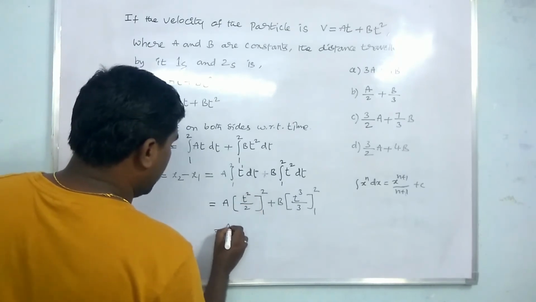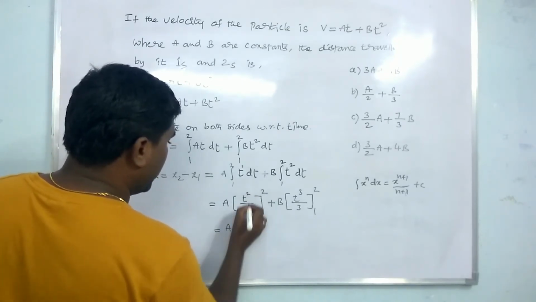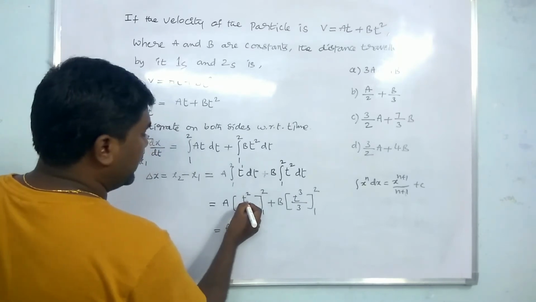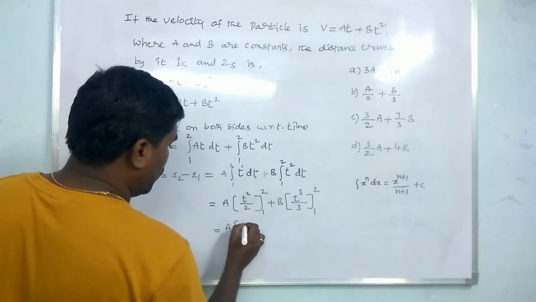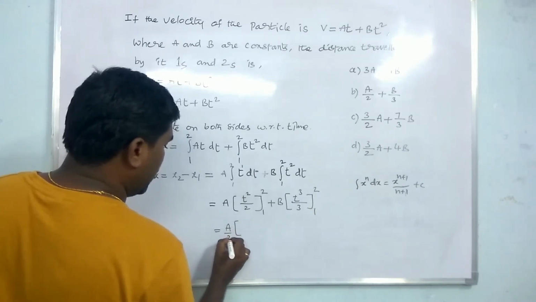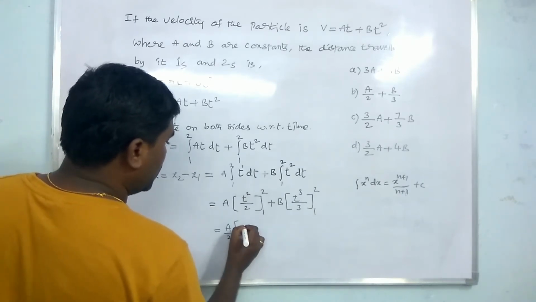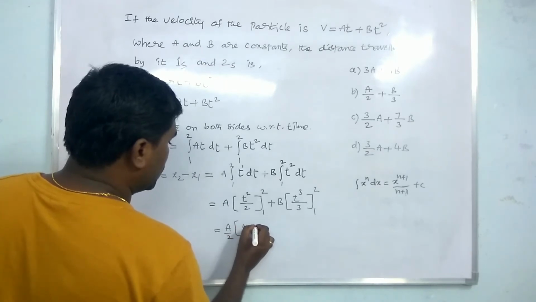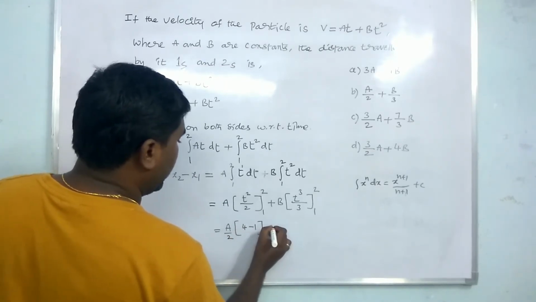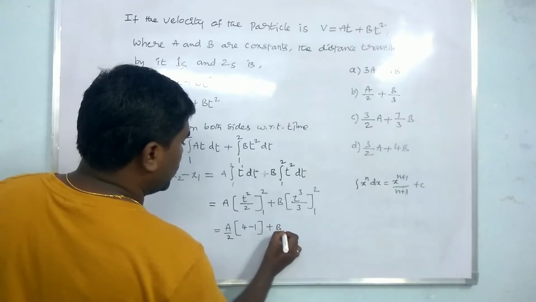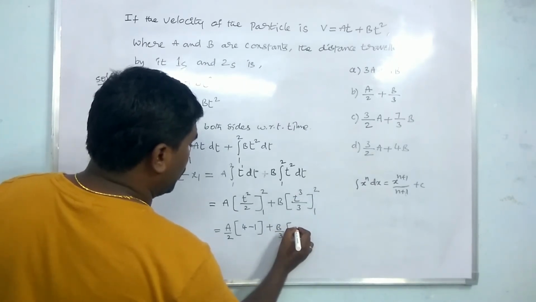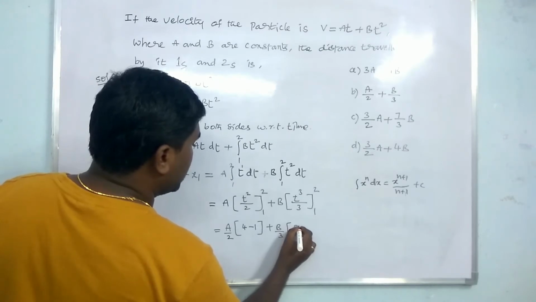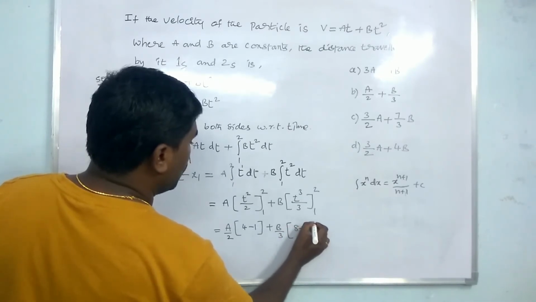So a by 2 is common, and replacing t, 2 square is 4, minus 1 square is 1. Plus b by 3 common, and 2 cube is 8 minus 1 cube, which is 1.